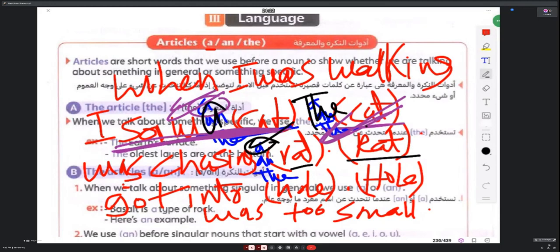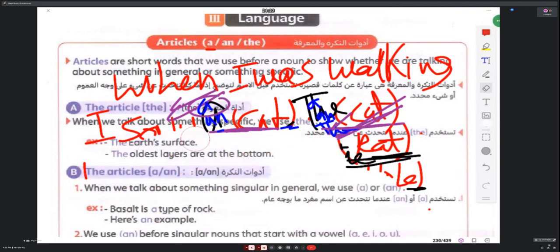The rat, because the rat you heard me talking about is known to you now. So the rat got into the hole. A hole is unknown to you now, but the hole is known to you. Now you know what I mean by definite and indefinite nouns. Known or unknown.